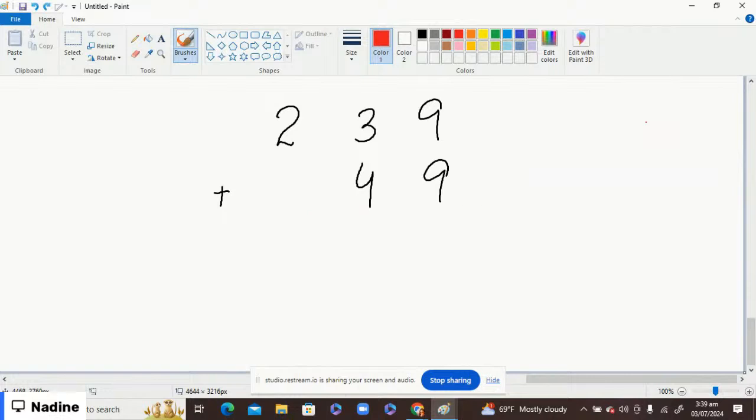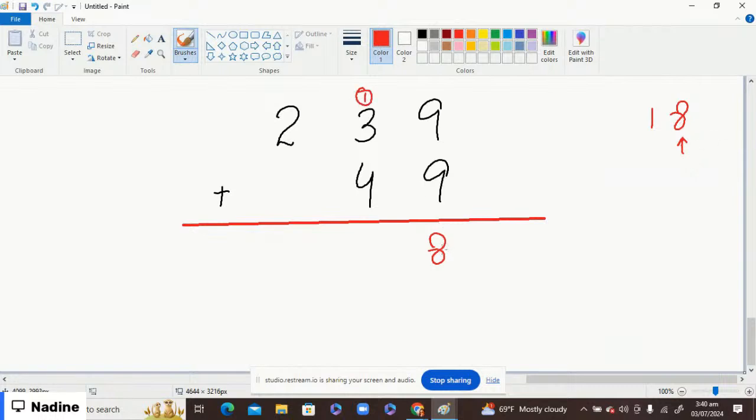So now let's just add up together. So 9 plus 9 is 18. Here is 18. So you can put down 8 here. 1 goes up as a carry because 8 is in the right place.